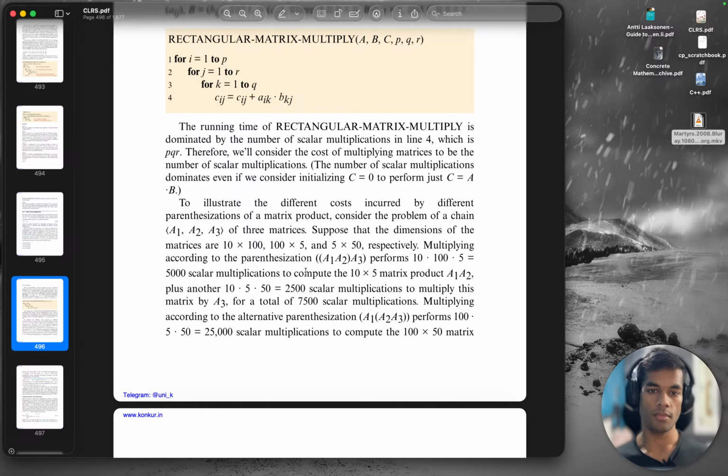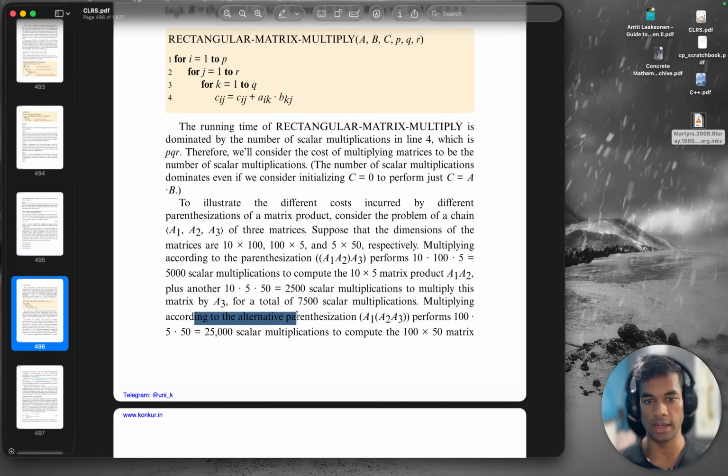Now, if you multiply 10 by 5 by 50 for the last matrix multiplication, you will get 50 into 10, 500, 500 into 5, 2500. Plus our 5000 initial scalar multiplications when we multiplied A1 and A2, the total is 7500.